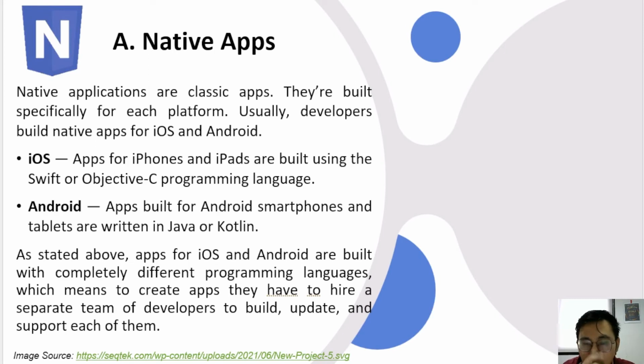For example, we have native apps as well. We have native apps, what we call classic apps, that are focused on only one platform. They are built specifically for that. Usually developers would build for both iOS and Android, and it is completely different programming languages as I mentioned earlier.